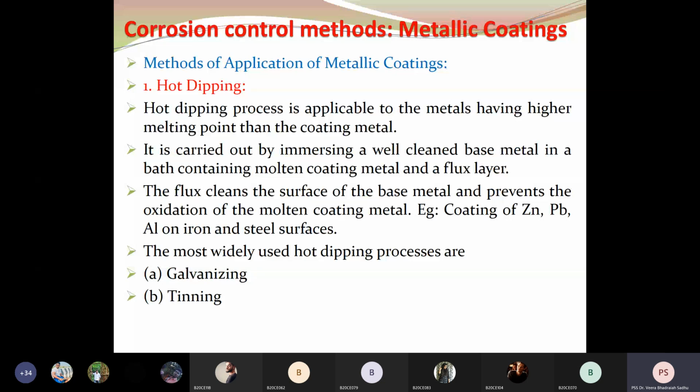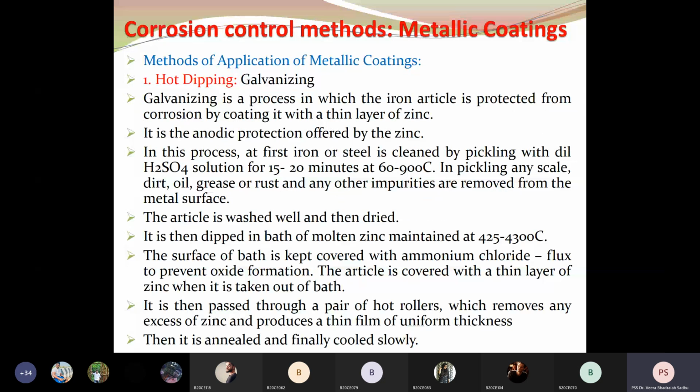There are two types of hot dipping process: galvanizing and tinning. Galvanizing is a process in which an iron article is protected from corrosion by coating it with a thin layer of zinc.